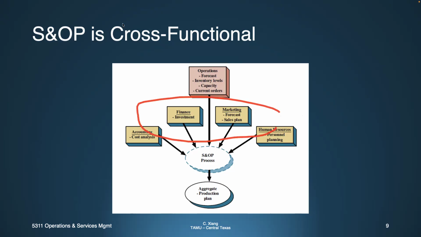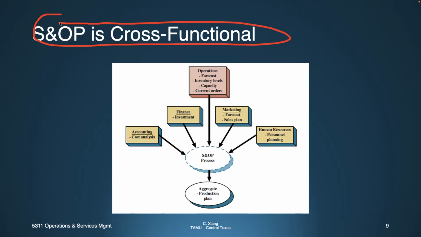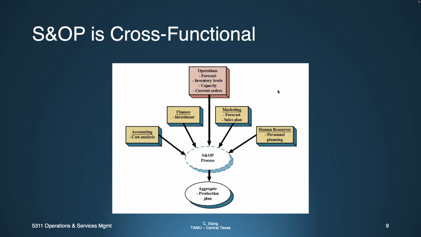So this S&OP process, as a cross-functional process, is not only so-called planning, it's a communication process. It's also a negotiation process, internal negotiation process. They try to arrive at a plan that balances supply and demand. The outcome is a consensus-based S&OP plan that reflects the combined perspectives from different functions.